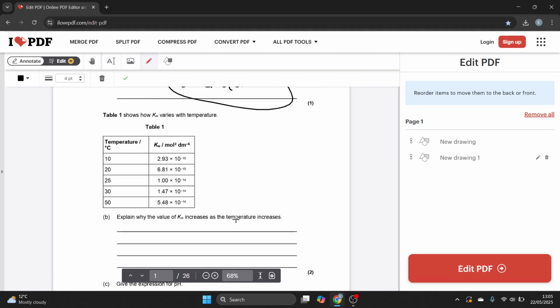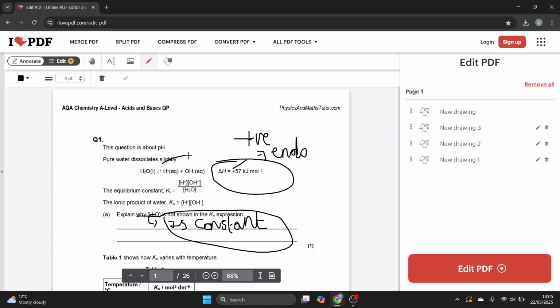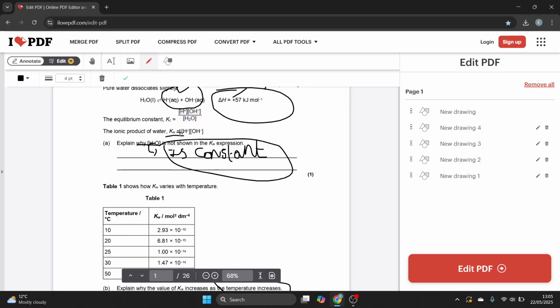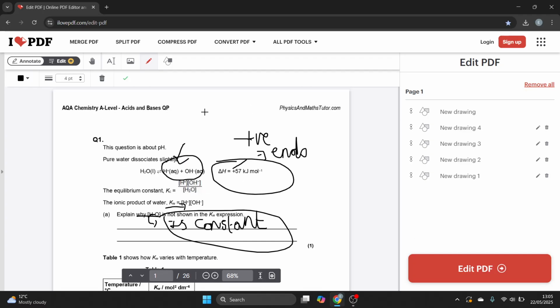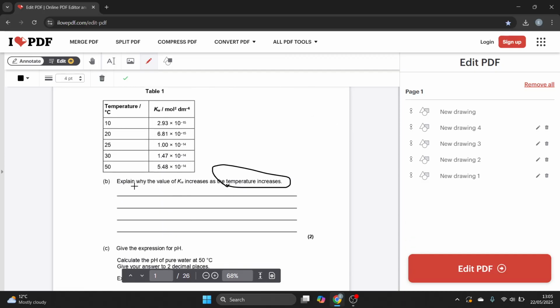If I increase the temperature, equilibrium is going to shift to the endothermic direction, the forward direction, to oppose the increased temperature, hence decreasing the temperature. So I'm going to get more H plus and more OH minus. KW is the concentration of H plus times the concentration of OH minus, so KW is going to increase.